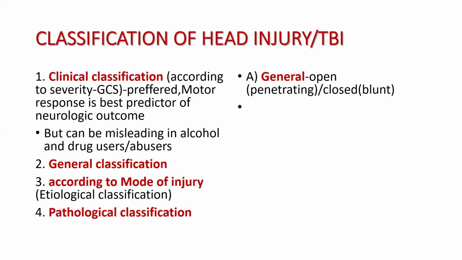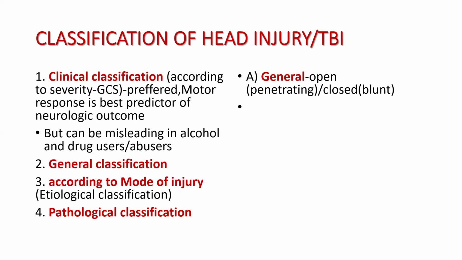So you have to be clear with your history to rule out whether the person is under the influence of alcohol or if they have taken other drugs that could be altering their level of consciousness. Then there is the general classification, which could be open or penetrating injuries.